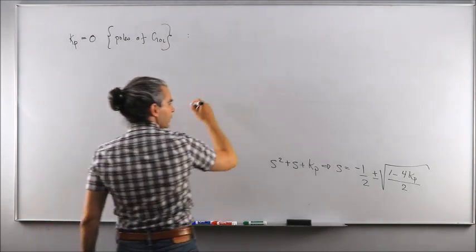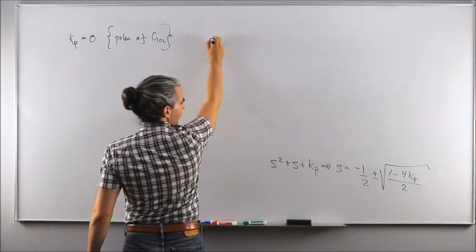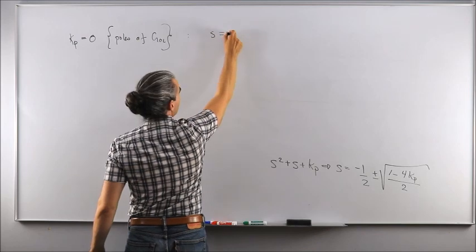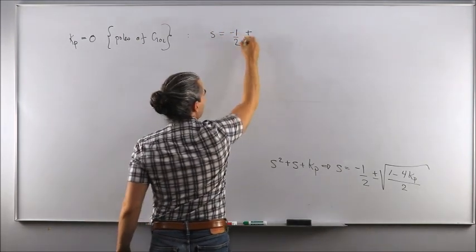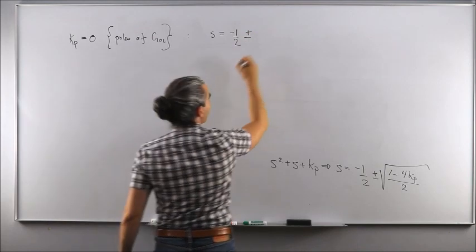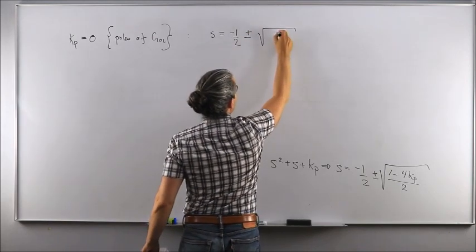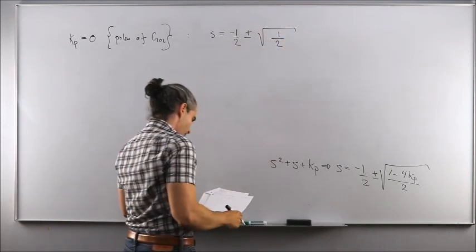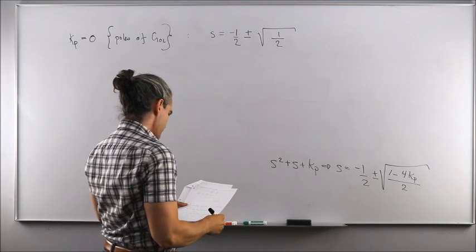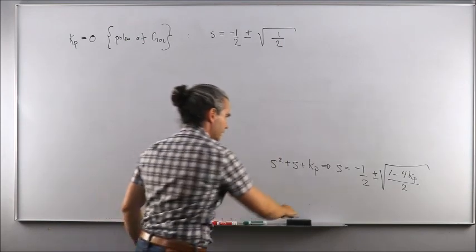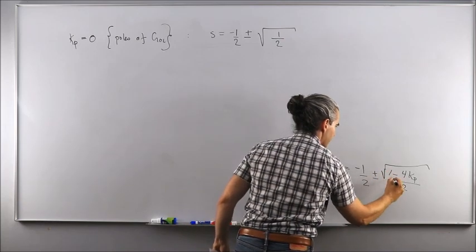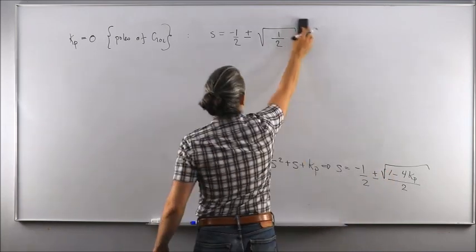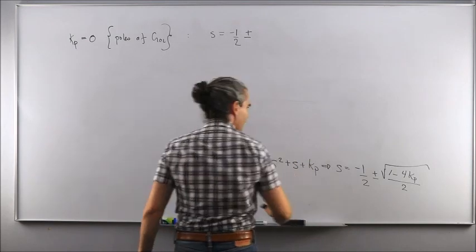That'll give you poles at s equal to minus 1/2 plus minus, sorry, the square root was only applicable to the numerator here, okay? That's why I said that doesn't look right.